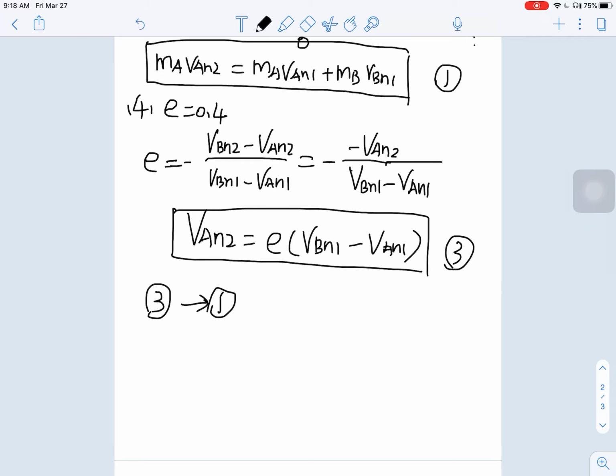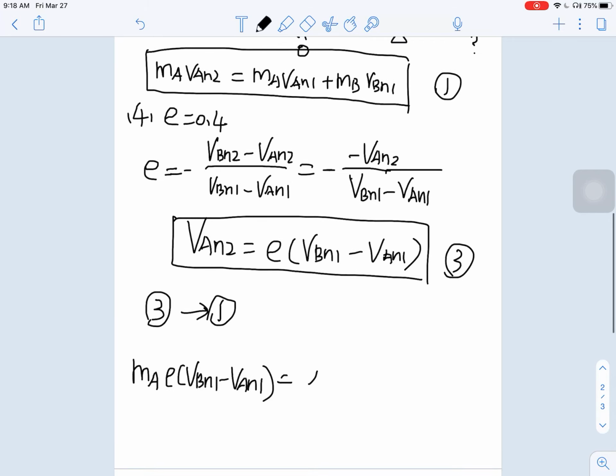In that case, we have MA times, substituting VAn2, e times VBn1 minus VAn1, equals MA VAn1 plus MB VBn1.